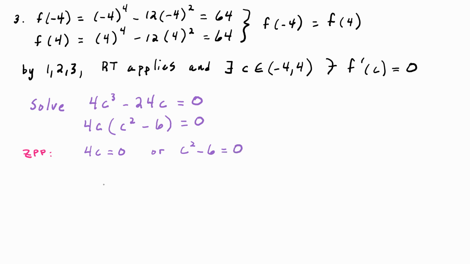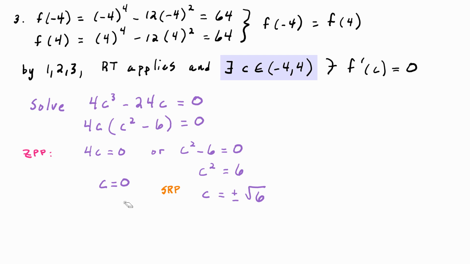From this first equation, we get c equals 0. And from this second, we would have c squared equals 6. And by the square roots property, we know that c would be plus or minus radical 6. Now what we have to do is make sure that all of these values are in the open interval between -4 and 4.